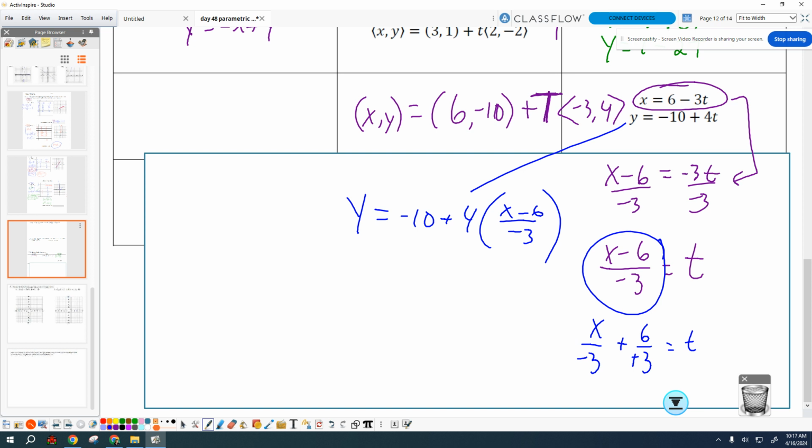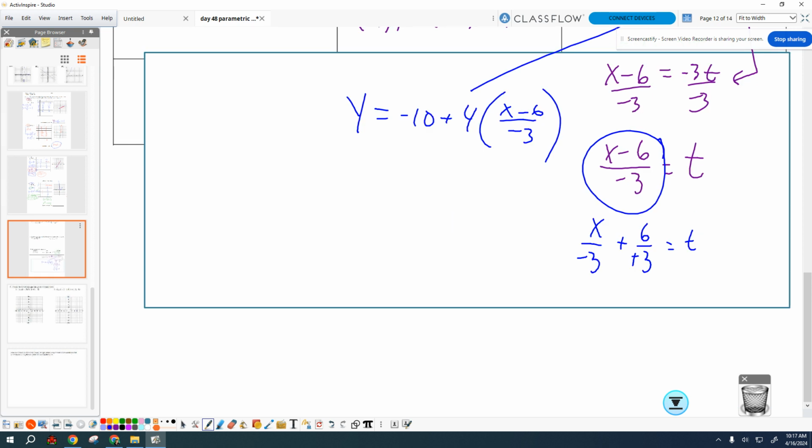And he's pointing out, it would have been easier if we cleaned something up here. Split it up now. We can pull the numerator apart, x over negative 3 and negative 6 over negative 3. And he's saying, yeah, so 6 over 3. What is 6 over 3? You're right too.